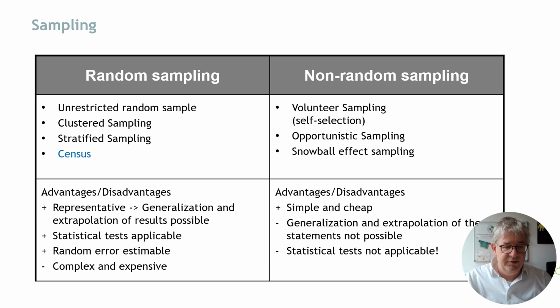But of course, as I said, we need the whole list of the population, and it's more complex and expensive. Therefore, usually you do some non-random sampling, but you have to be aware of the disadvantages. Generalization and extrapolation is not possible based on the statements you collect, and you cannot do any statistical tests.